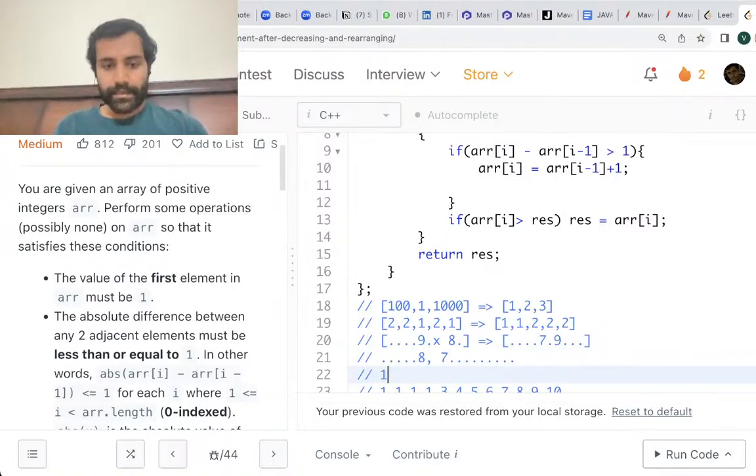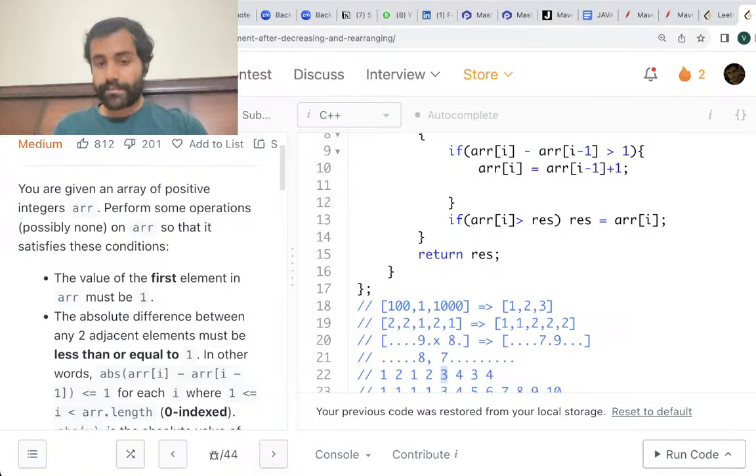Let's say you take 1, 2, and then you have 1, and then again 2, then you have 3, then you have 4, and then again you have 3, again you have 4. If you were to arrange it in ascending order, it is guaranteed that that ascending order would also have this particular rule, because you can see that if you have an element x which is 2 and you have an element x plus 2 which is 4, then x plus 1 is also there, so that will not be skipped.